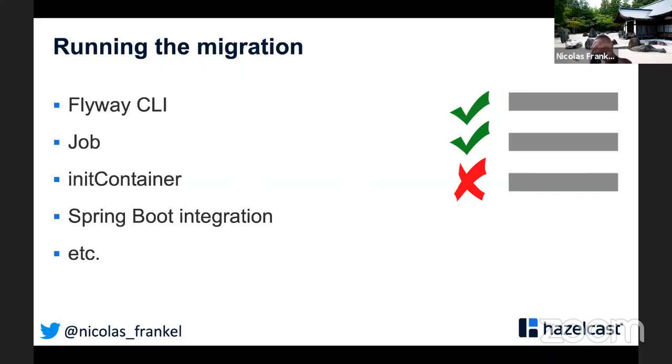So the first node that gets scheduled will actually run the migration and continue. Afterwards it will remove the lock. The next pod will try to acquire the lock. It will read the migration table. It will see that all those migrations have already been applied, and it will start. And so on for all other nodes. So the first node that gets scheduled will do the heavyweight work, and all the others will just check that they are compatible, and everything will be fine.